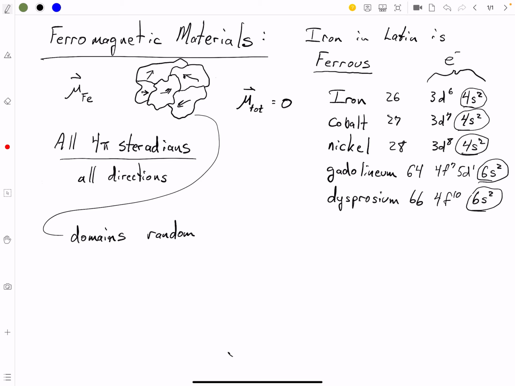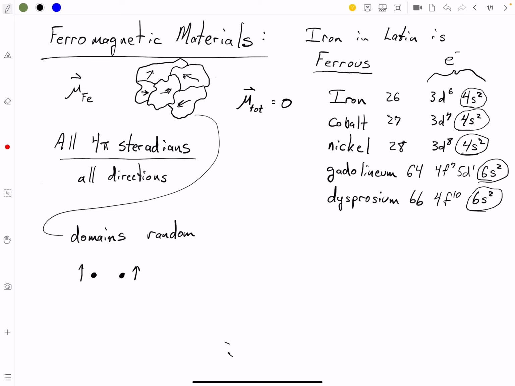So they all typically are in a BCC structure, body-centered cubic. Anyway, the two nearby want to align with each other, okay? And so they do.